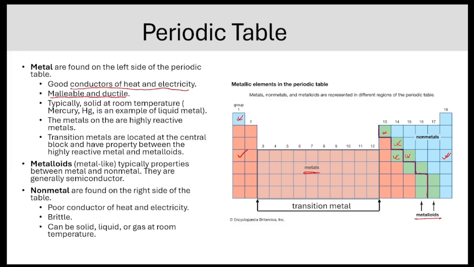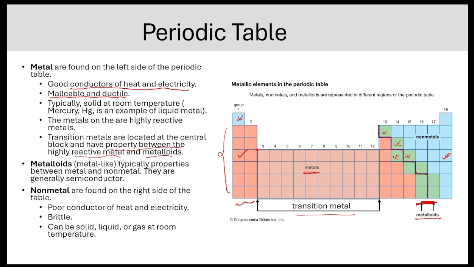And metals are also highly reactive, especially alkaline metals. And then we also have transition metals here, from group 3 to group 12. These transition metals have a property between highly reactive metals in group 1 and group 2 and metalloids nearby the staircase.